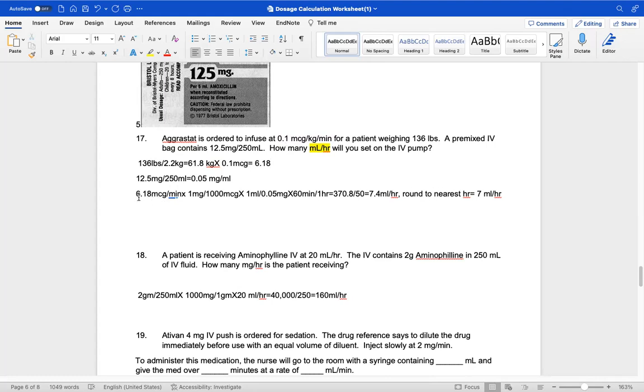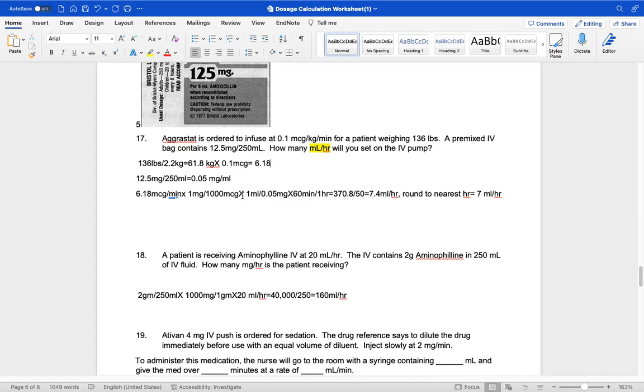So we've got 6.18. We're going to drop this into our equation now. We have 6.18 micrograms per minute, and we are going to multiply that out. So we need mLs per hour. With what is given, we have 12.5 per 250, and 1 milligram is equal to 1,000 micrograms. That is going to get your micrograms to cancel out.